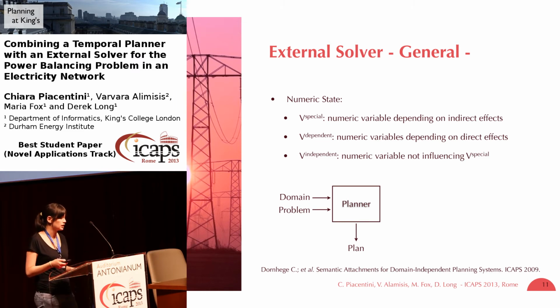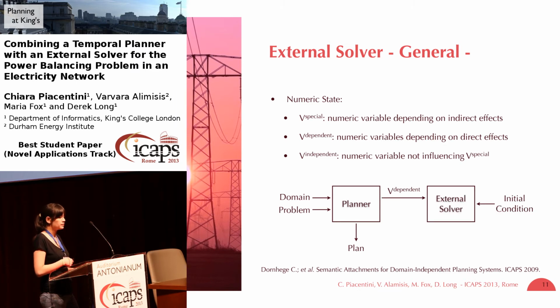The dependent variables are the numeric variables that describe direct effects, and we also have a third category that has a direct effect but does not influence any of the special variables. So when a planner evaluates a state, it calls an external solver and passes the dependent variables.